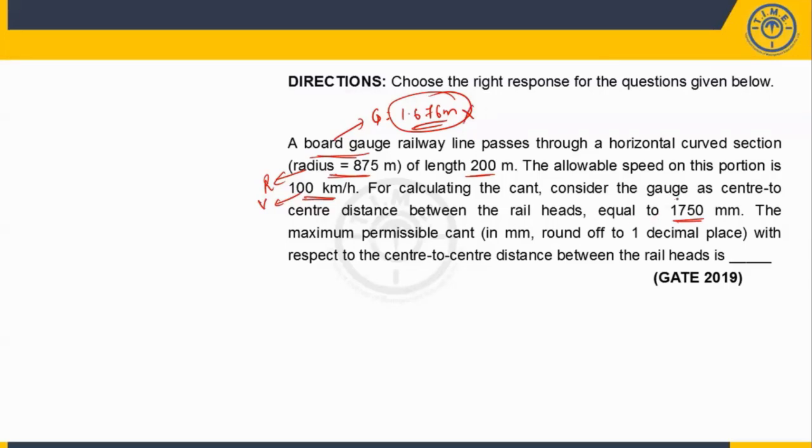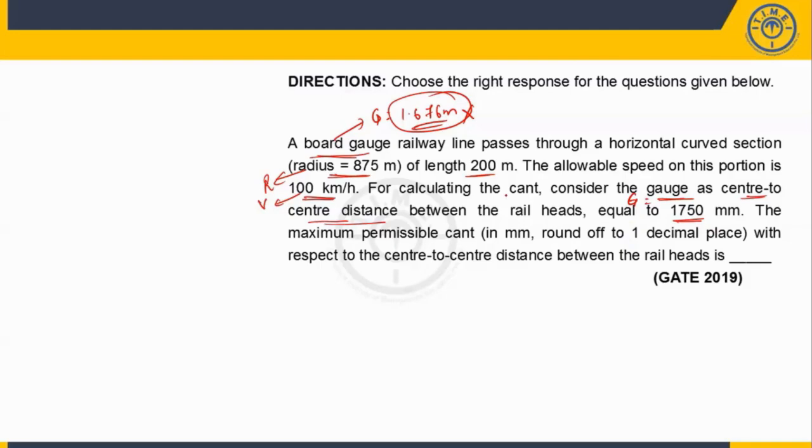Directly he gave you the center to center distance. My intention is not just to make you solve this problem, I wanted you to learn this concept along with the problem. So the gauge here is equal to 1750 mm.